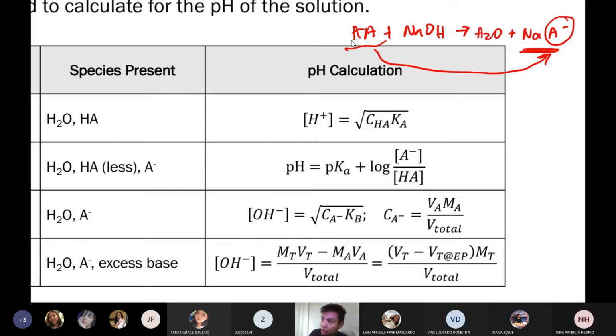So ano ba yung moles neto? That's VAMA, MAVA, di ba? Molarity analyte, volume analyte. Yun yung moles ng HA. Then stoichiometrically, 1-to-1 lang naman yung ratio. So, ibig sabihin, the mole of this is equal to the mole of this. No? At equivalence point. Again, at equivalence point. Kung ilan mole to, yun din yung mole nun at equivalence point.